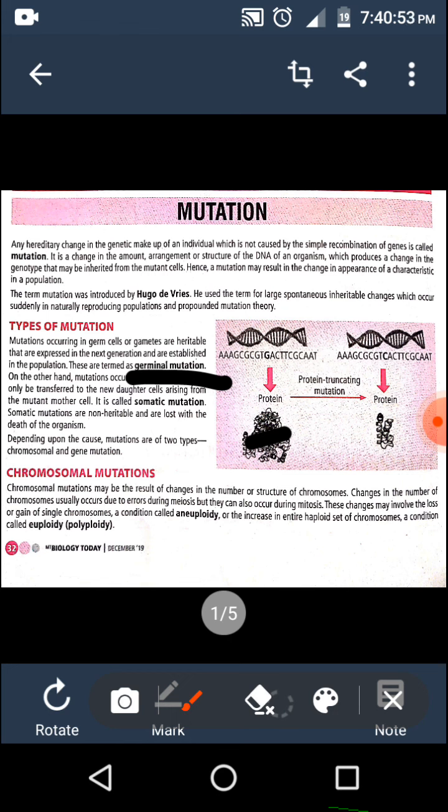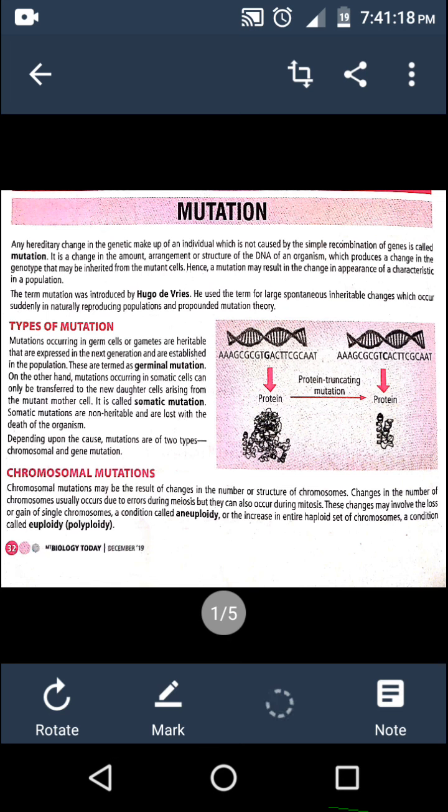Then, depending upon the cause, mutations are of two types. The first one we studied classified mutation on the location, and the next classification of mutation is depending upon the cause, where the mutations are actually happening.